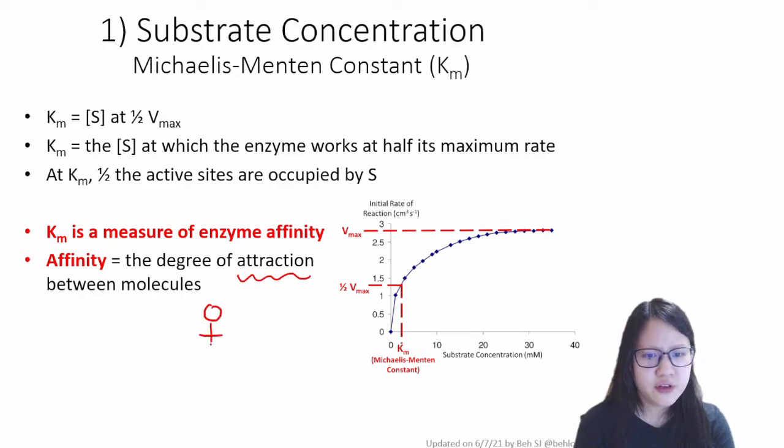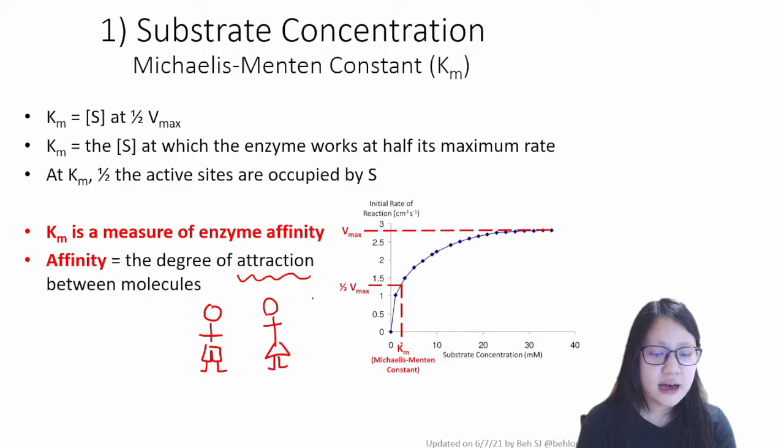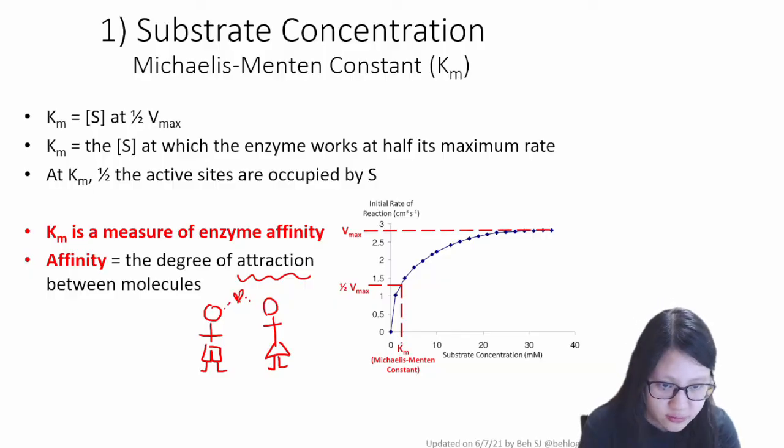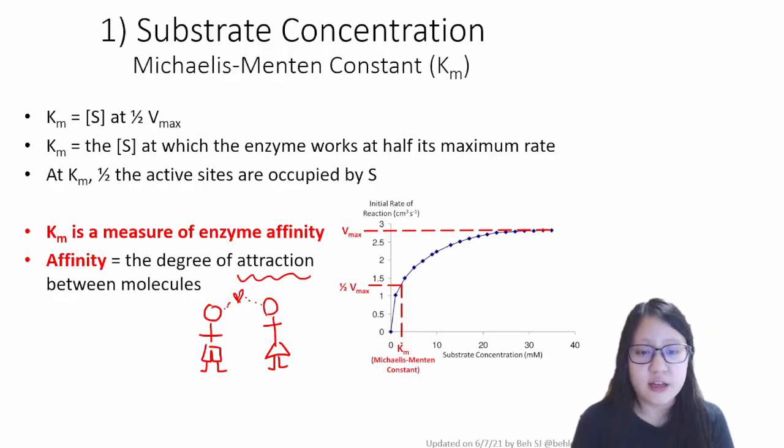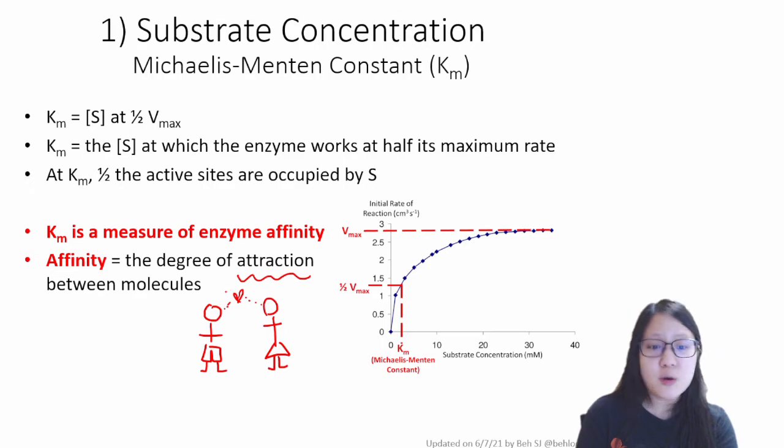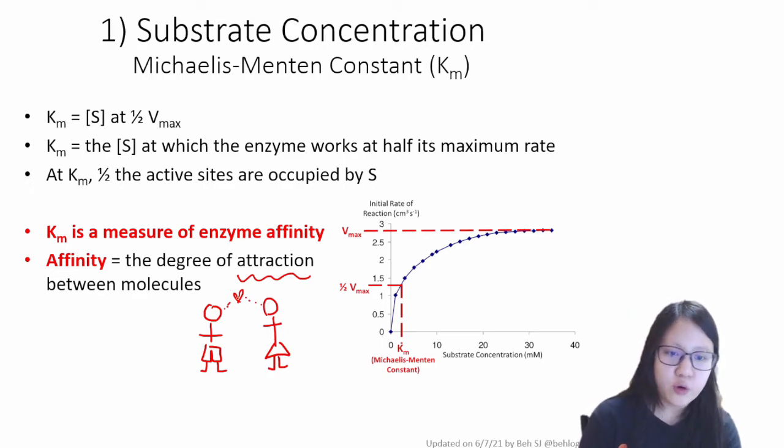So if this is a boy here and that's a girl, and they are very compatible with each other, the attraction is strong, the affinity is strong, then it would take very little effort for a relationship to work out, correct?